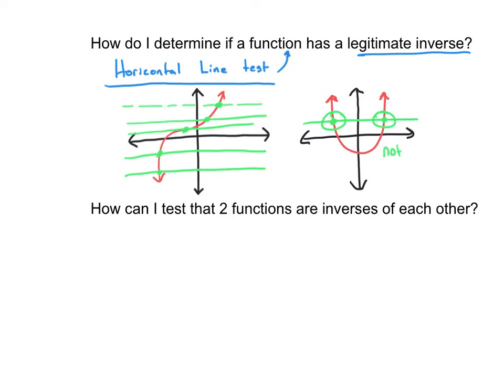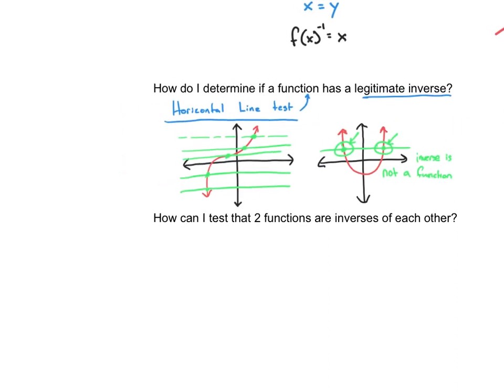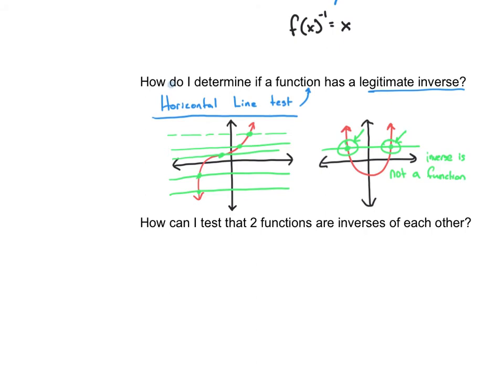So the inverse is not a function, right? Because the problem is we would end up with 2 possible answers for the same value, and we don't want that. So that's what it looks like there. That's called the horizontal line test. We'll do a couple problems just to see, is the inverse of the function actually there?